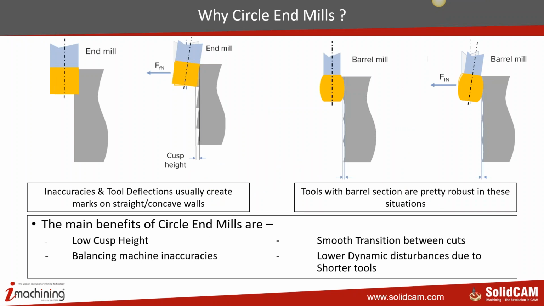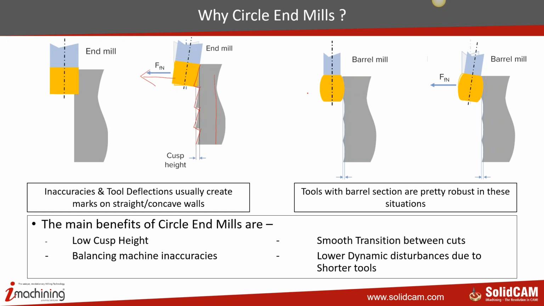One of the other reasons was that when you're machining deep or long surfaces, you could potentially have tool deflection. When you have tool deflection in this way, there is every possibility of these cusps or inaccuracies creeping up, especially when the surfaces are pretty deep.